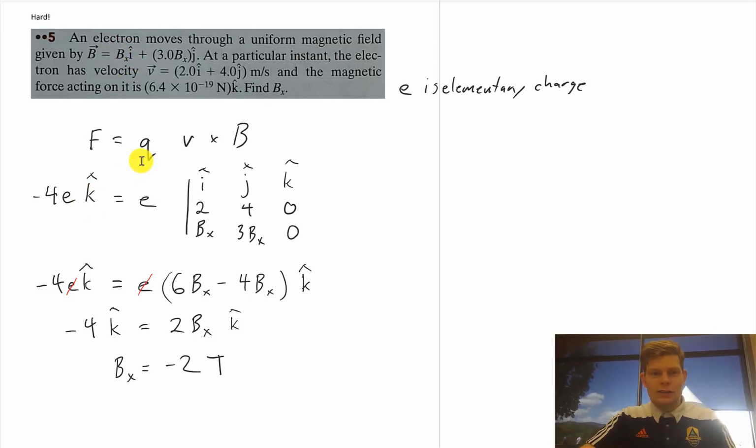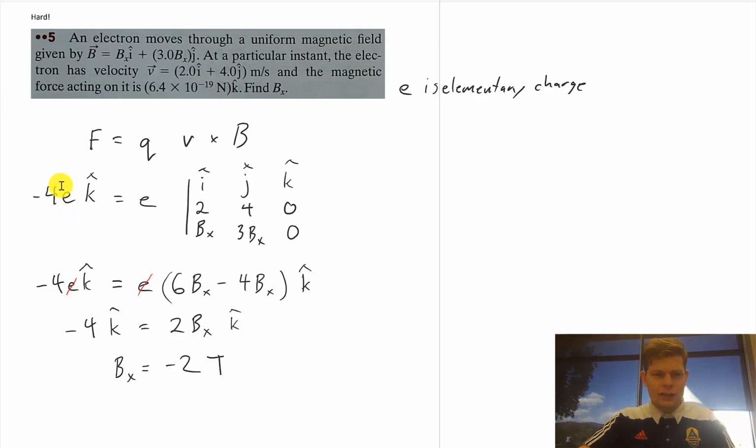One thing that simplifies matters a lot, I found, is your elementary charge is 1.6 times 10 to the negative 19. But one thing I noticed is this magnetic force is 6.4 times 10 to the negative 19, which is just 4 times the elementary charge. So I guess negative 4 times the elementary charge for an electron.